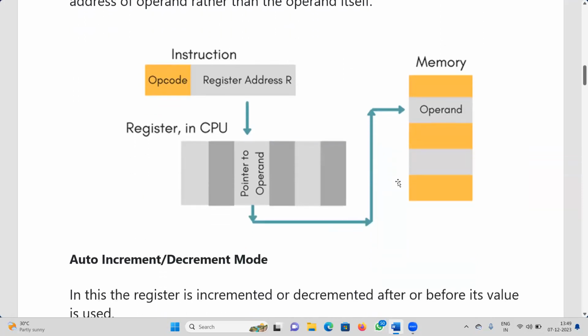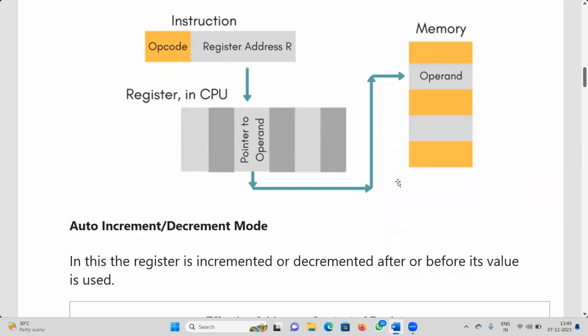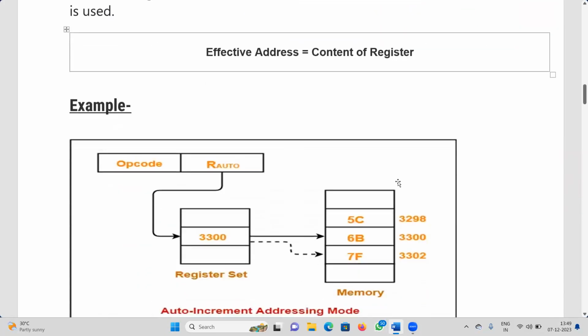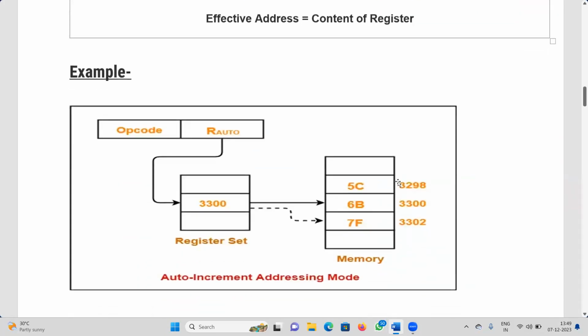The next one is called auto increment or decrement mode. First we will discuss auto increment mode. It is also like the above. That is, the instruction part contains the effective address of the operand.